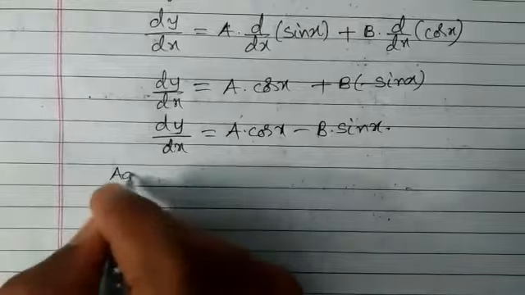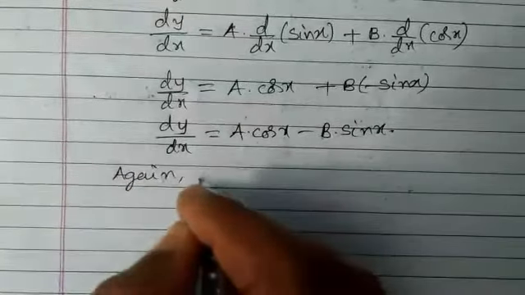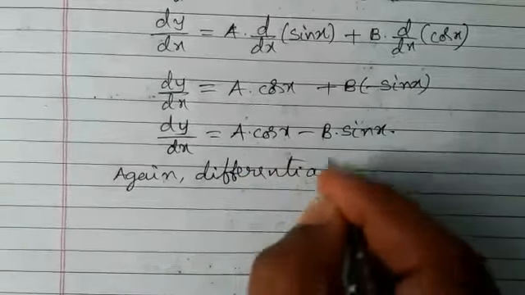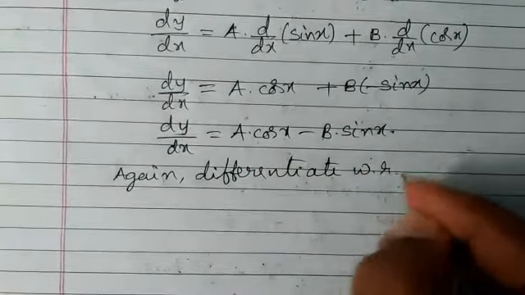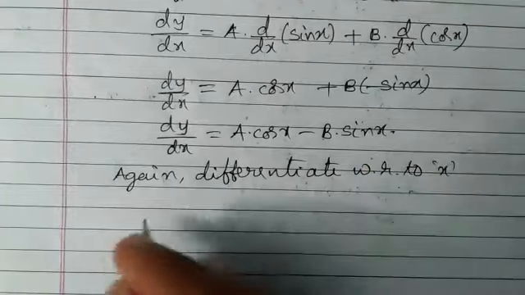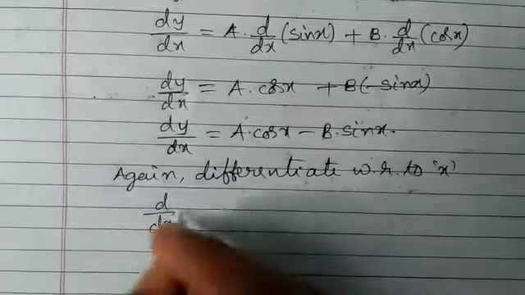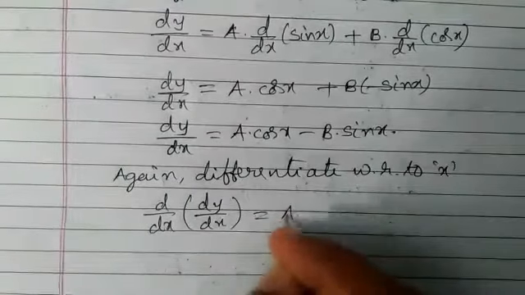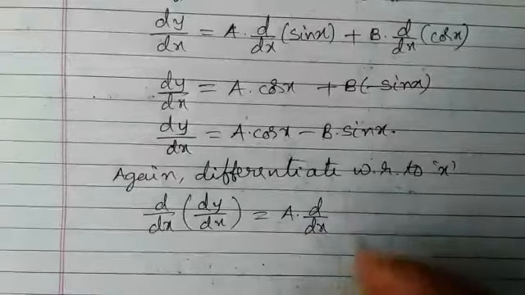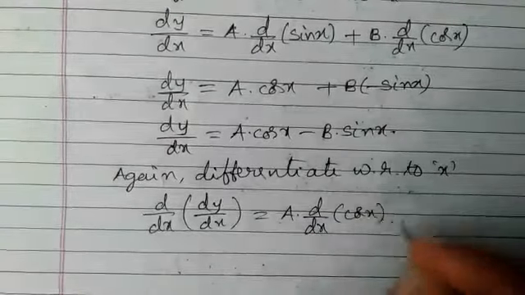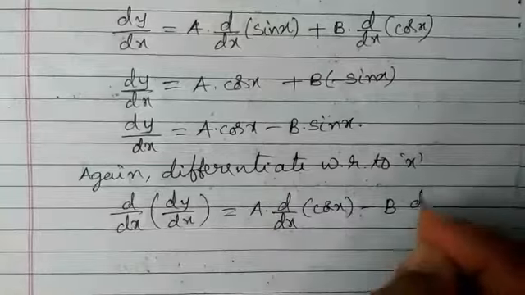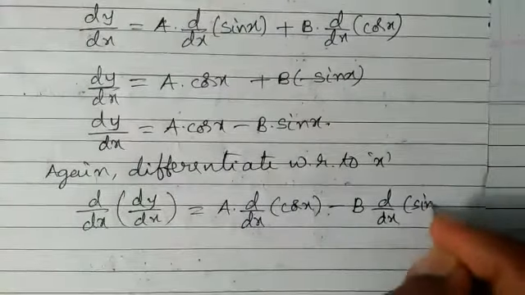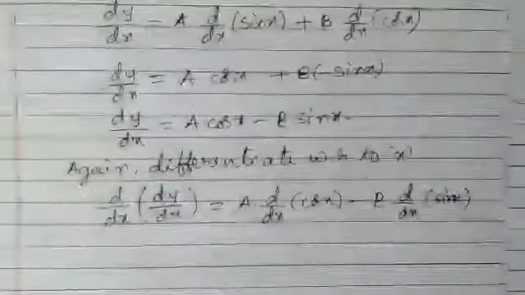What do we do? Again differentiate with respect to x, that is d by dx of dy by dx is equal to a into d by dx of cos x minus b into d by dx of sin x.